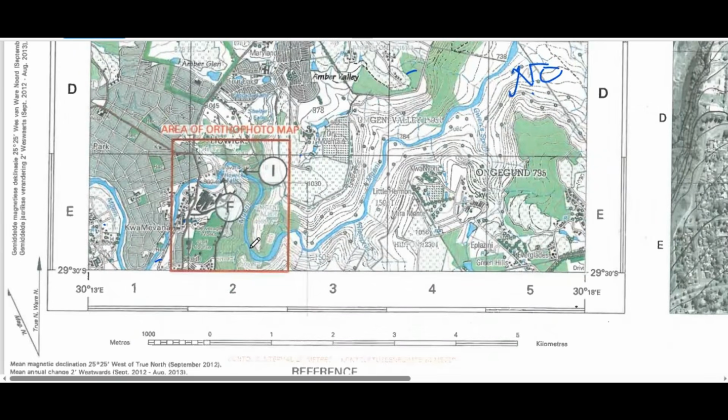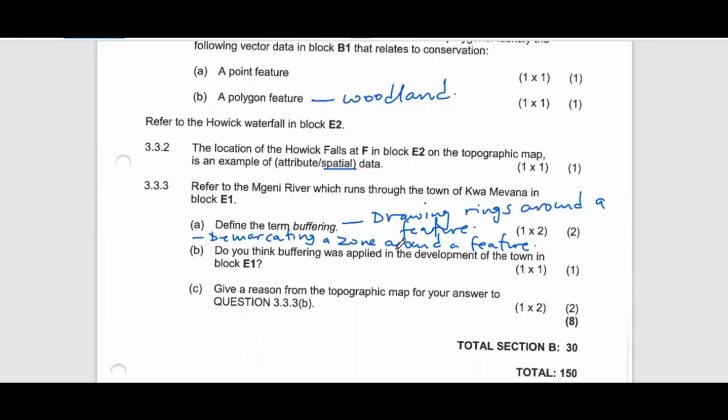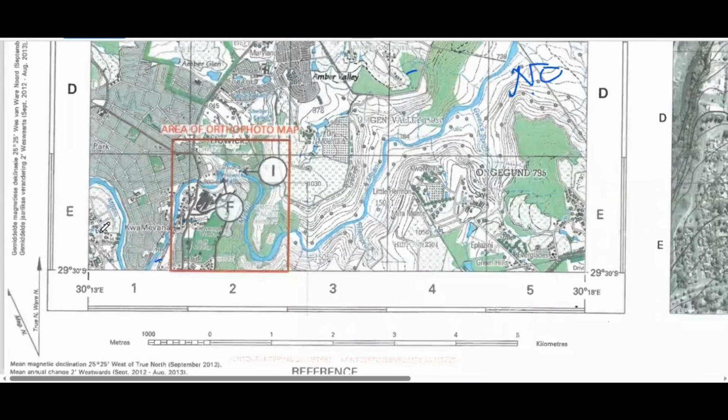Do you think buffering was applied in development? That's the question. Development of the town in block E1. Do you think buffering was applied here? We could say so, because at least the river is still being preserved. Otherwise, there will be no river there. Okay.